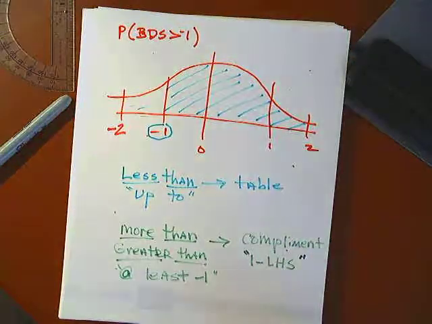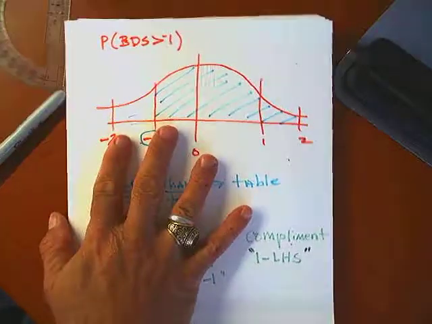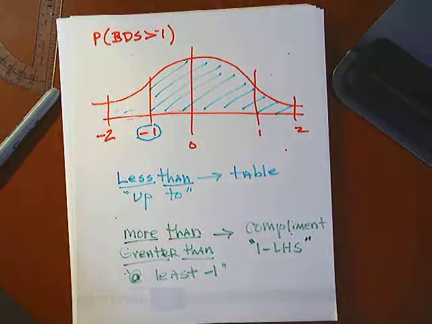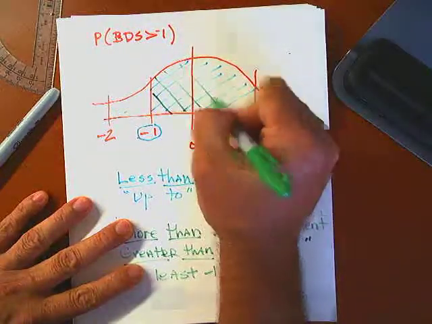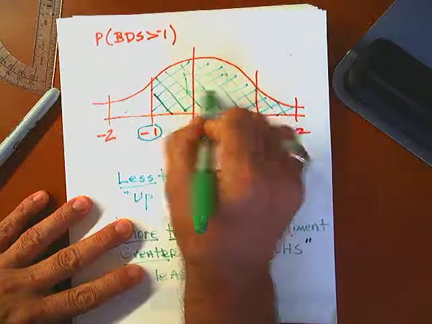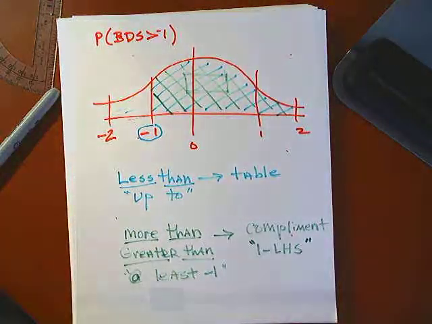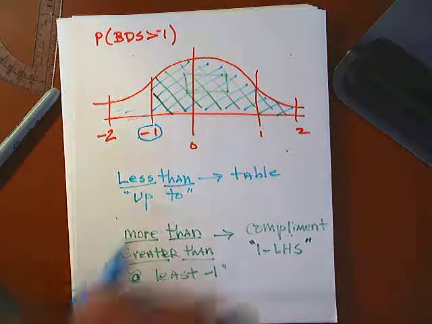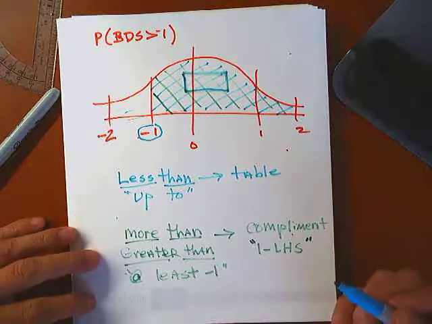I tell students it's the complement, but I also tell them it's 1 minus the left hand side. Okay? And that's how you find anything that has more than, greater than, at least. Anytime you see at least -1, that means anything greater than -1. So when you see these words right here, that means you're going to have to take 1 minus the left hand side.